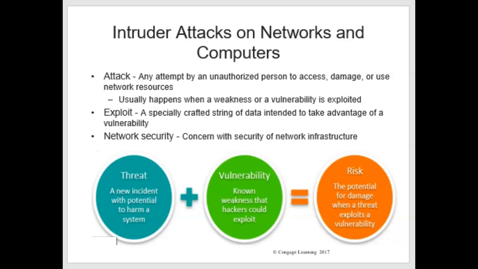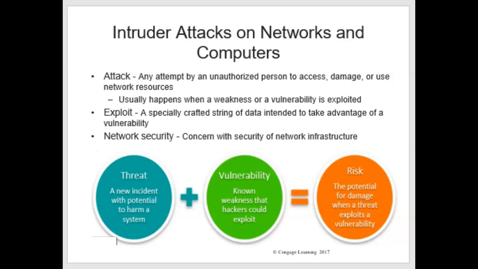Now, a risk happens when there's a vulnerability, the hacker finds out about it, and they exploit it by combining that vulnerability, that hole in our code, our application or OS code, with the threat they've developed. And that's exploiting it, which creates a risk, which is what we're trying to catalog in our risk register.